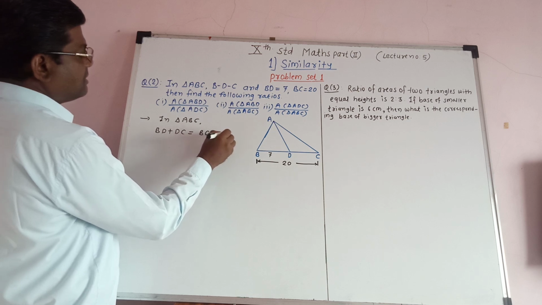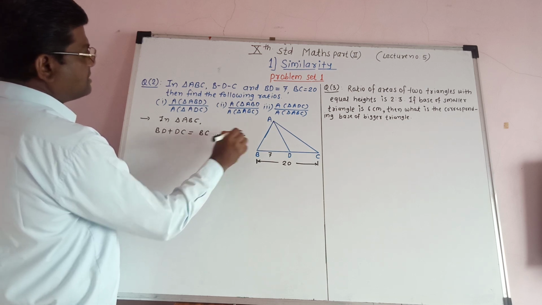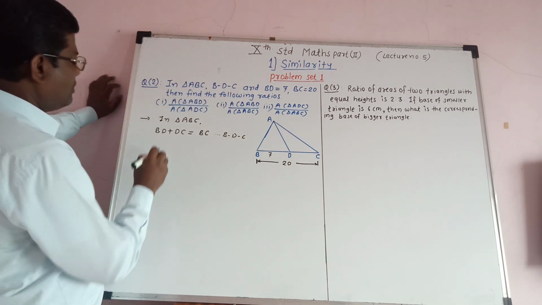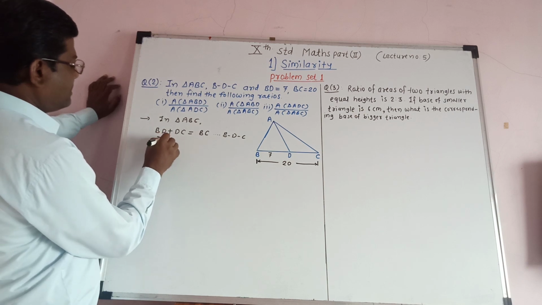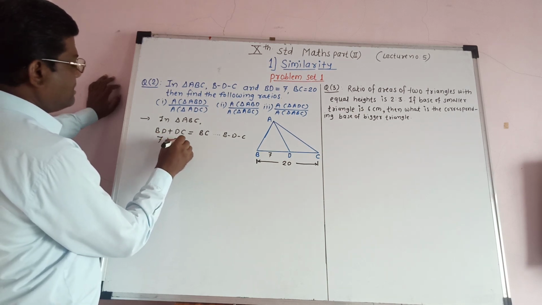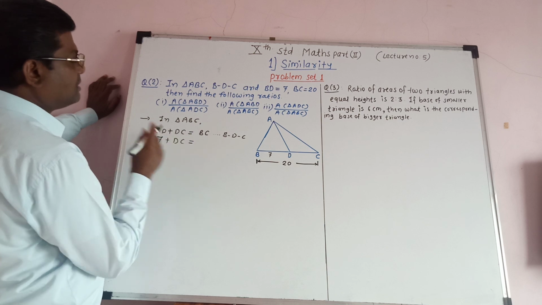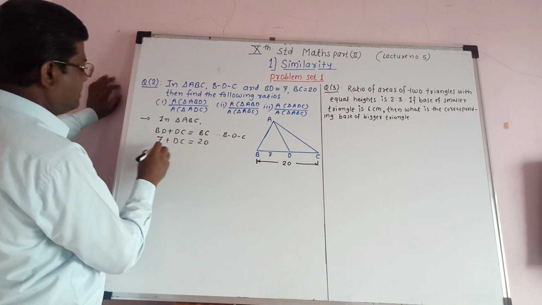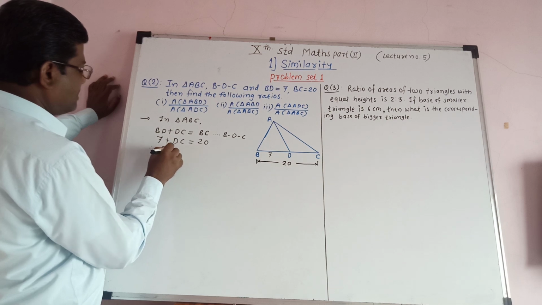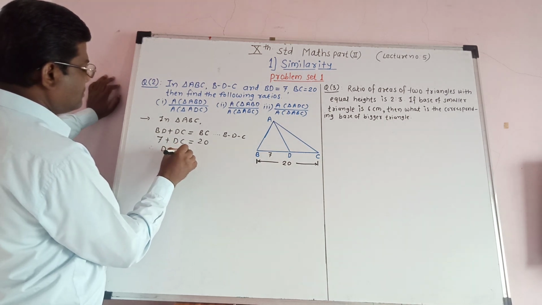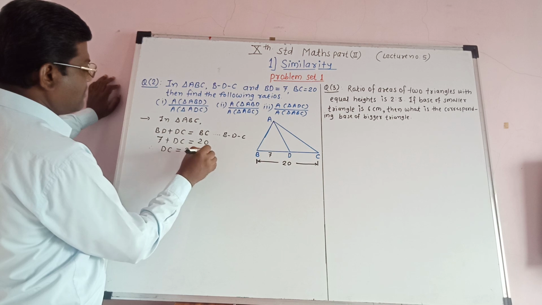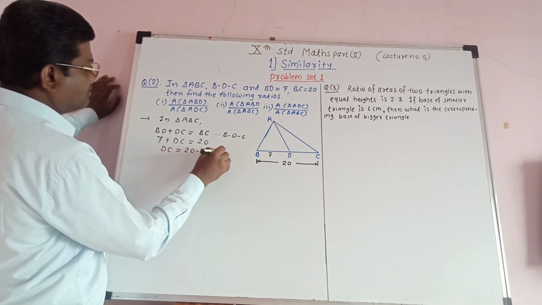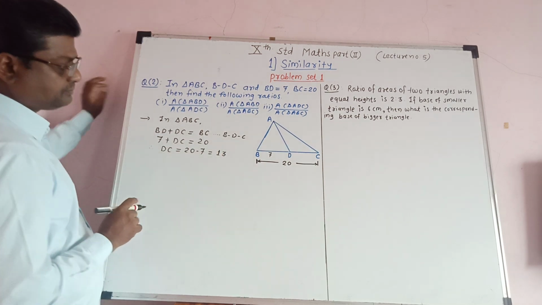Reason is B-D-C. So value of BD is 7 plus we have to find DC is equal to BC. Value of BC is 20. Therefore, DC is equal to 20 minus 7 is equal to 13.